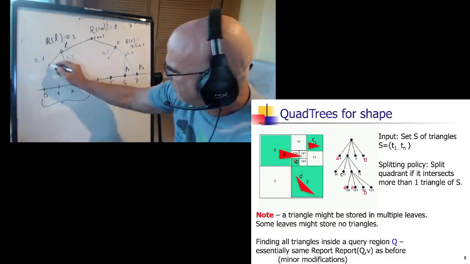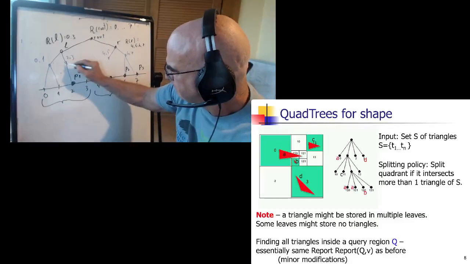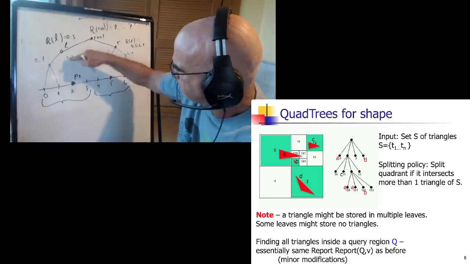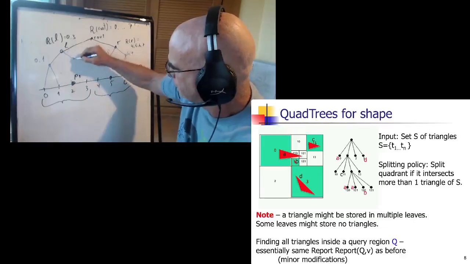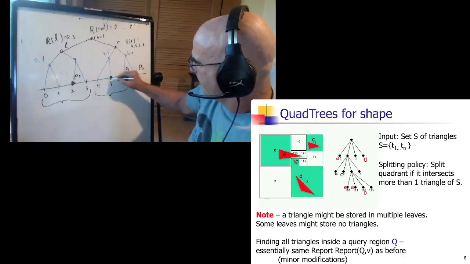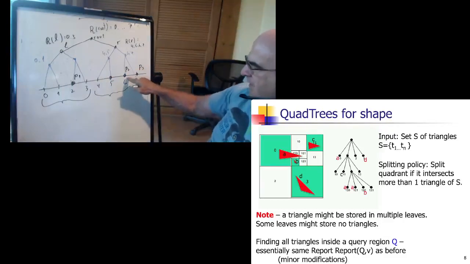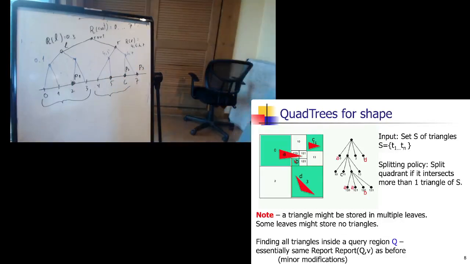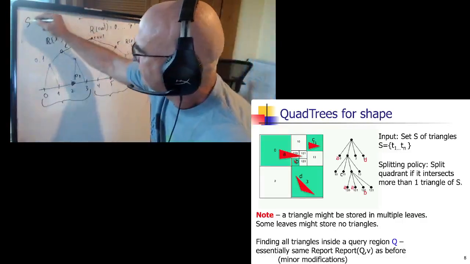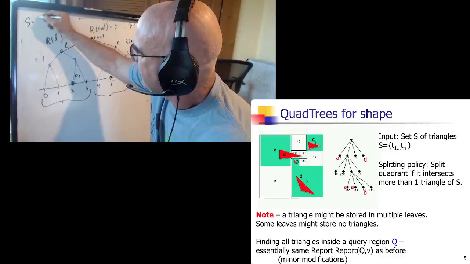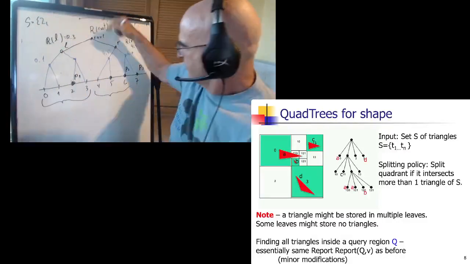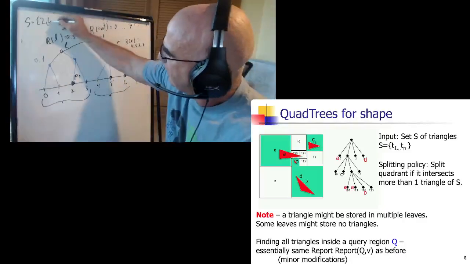But let me add all the edges nevertheless. So 0 and 1, 2 and 3, 4 and 5. And remember, the set of data I stored here contains the points 2, 6 and 7.